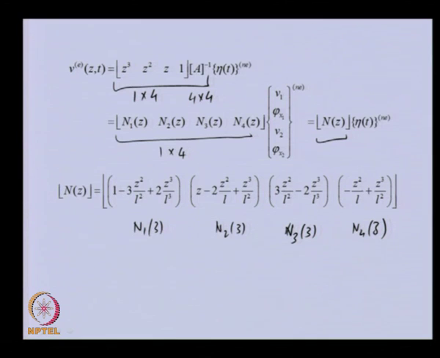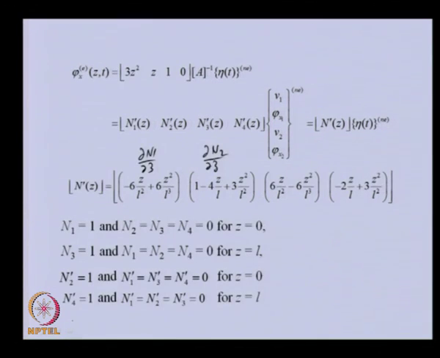Similarly, for the slope at z equal to 0, n2 prime will be 1 and the others will be 0. Similarly, for z equal to L, we will have n4 prime as 1 and all the other 3 terms will be 0.